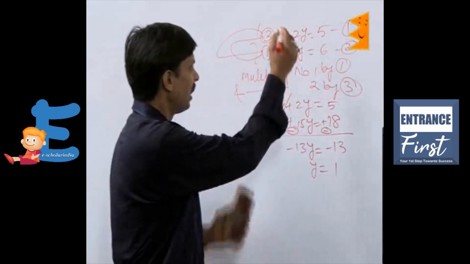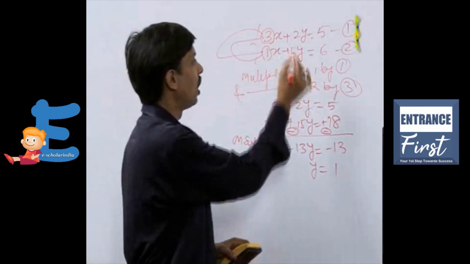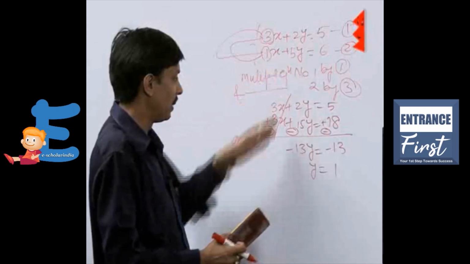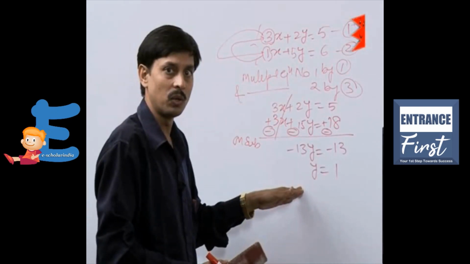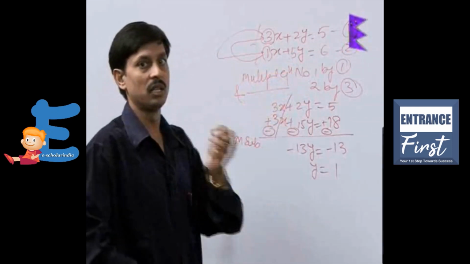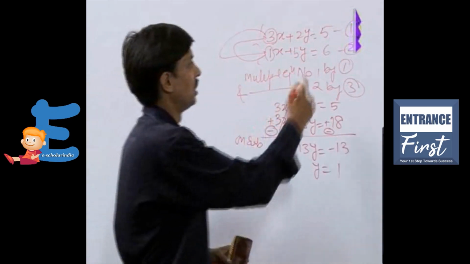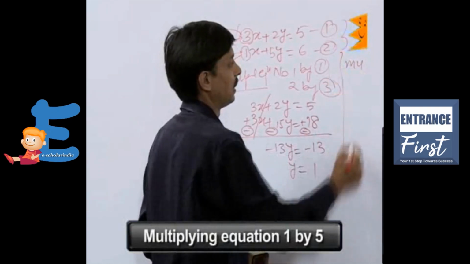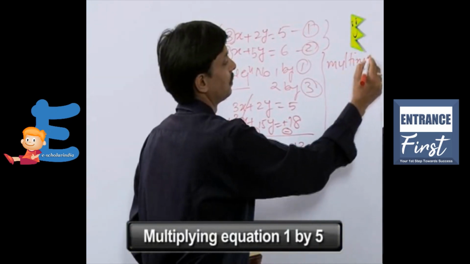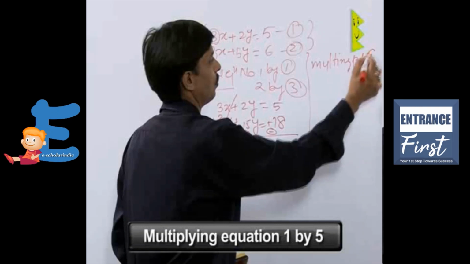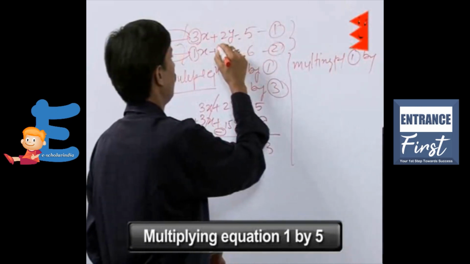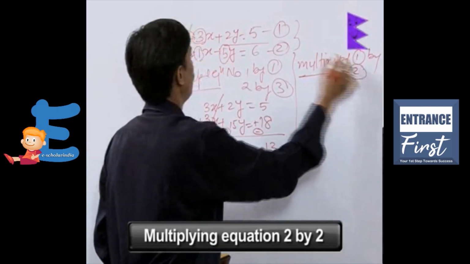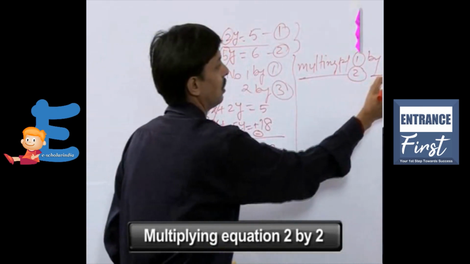Now I want to tell you how to make the coefficients of y equal. Because I eliminated x, the answer of y has come out. If I eliminate y, the answer of x will come. So for these two equations, I multiply equation number 1 by 5 and equation number 2 by 2.